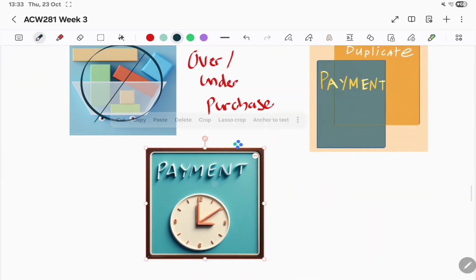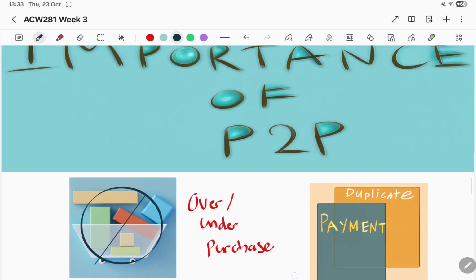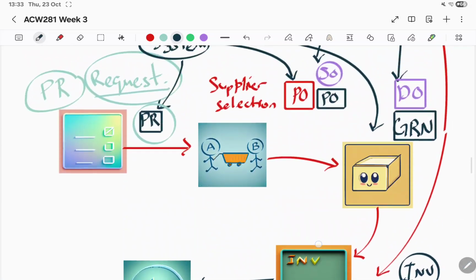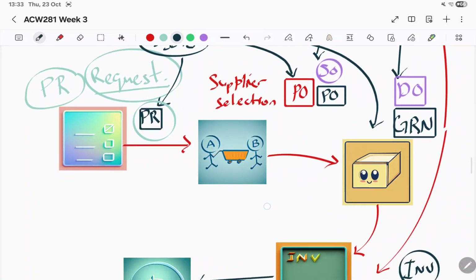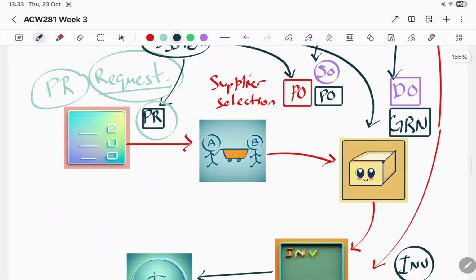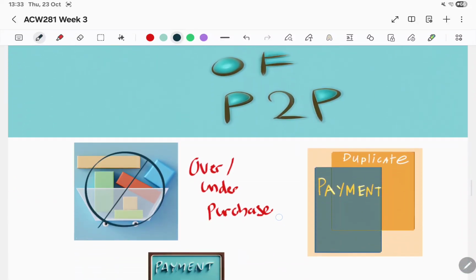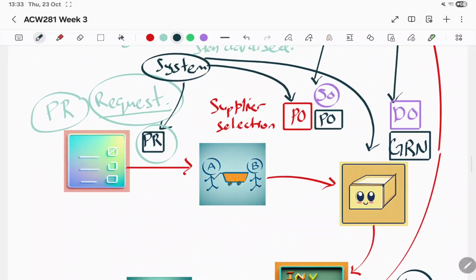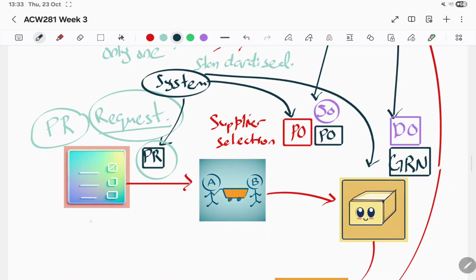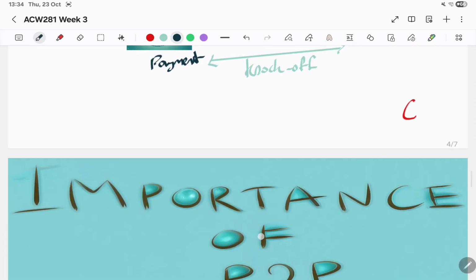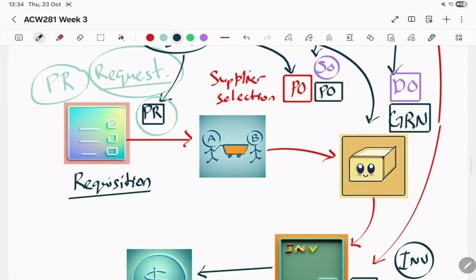All right, over here you want to make sure why is it important again, right? In each of these stages you can see the importance of it. First is not to over purchase, right? Means in this requisition stage itself, you want to make sure that this is important.